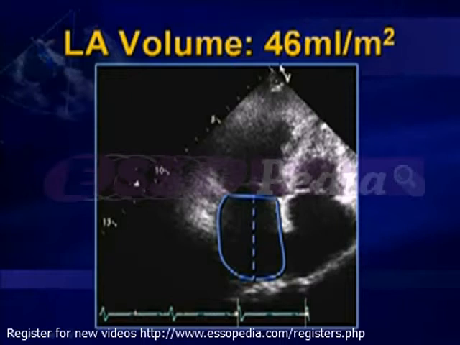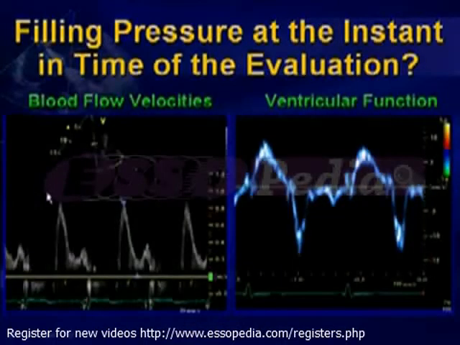This tells us that in general, over time, LV filling pressures have been increased, and that this individual is at increased risk for an adverse cardiovascular event such as atrial fibrillation, heart failure, myocardial infarction, stroke, dying. However, what it does not tell us is what are the filling pressures at the instant in time of the evaluation.